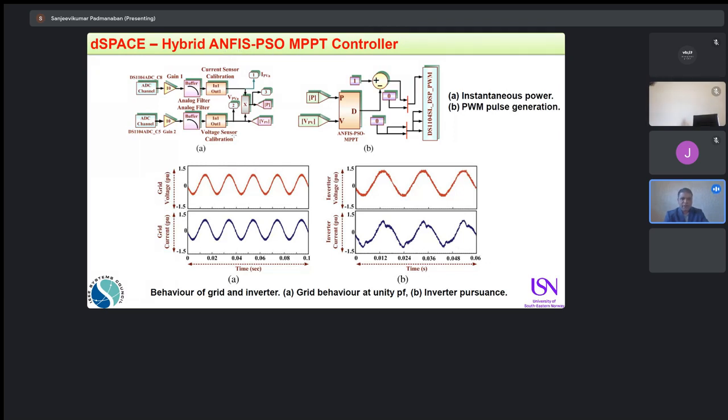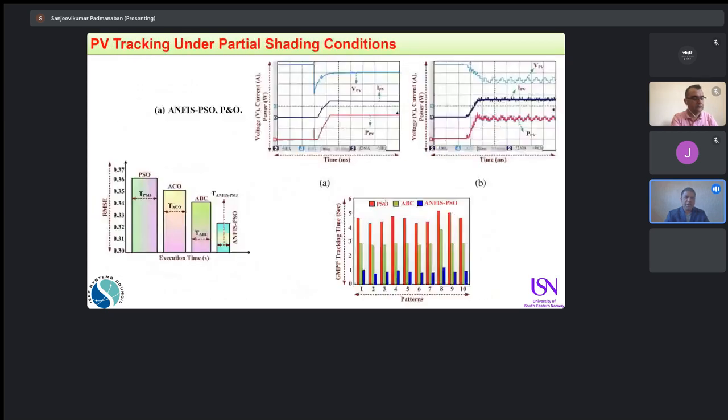And we try to develop it by using MATLAB based dSPACE, and we have shown the quality of the grid behavior and current behaviors of the inverters, voltage and current behaviors. You can have a look, even during the huge perturbation condition, the grid voltage is kept constant and current injected, whereas the inverter is trying to figure out all the disturbance created from the photovoltaic system. These are the experimental results we have been doing in our lab.